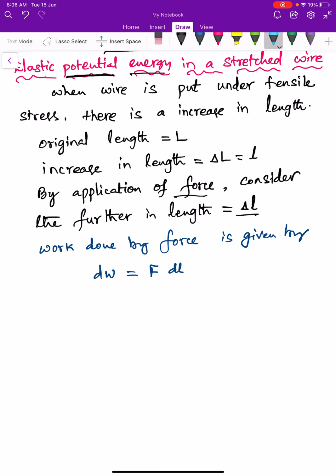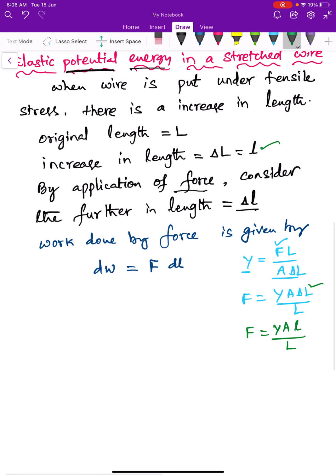Here we know from the Young's modulus formula, Young's modulus equals F into L by A delta L. So here I am taking force F equal to YA delta L divided by L. We consider the increase in length as small l divided by capital L. So this is the formula for force.